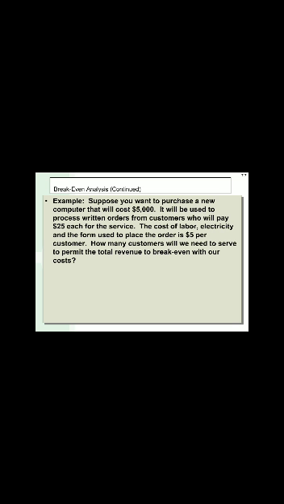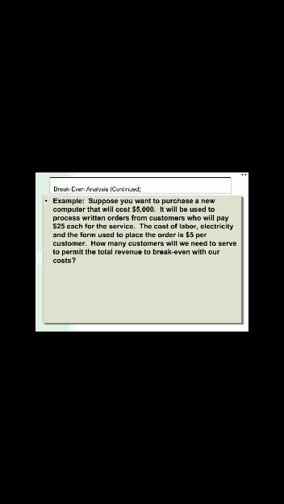It will be used to process return orders from customers who will pay $25 each for the service. The cost of labor, electricity and the form used to place the order is $5 per customer. So how many customers will we need to serve to permit the total revenue to break even with our cost?